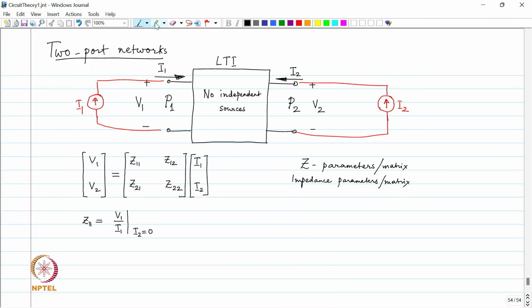We said let us make this source 0. Let us apply I 1 and measure V 1 V 2, right. That measurement tells you Z 11, okay. And it also tells you that Z 21 is equal to V 2 by I 1 when I 2 is equal to 0.